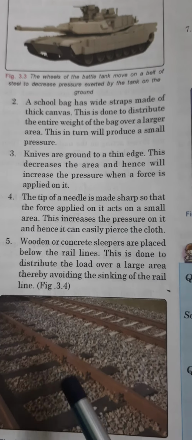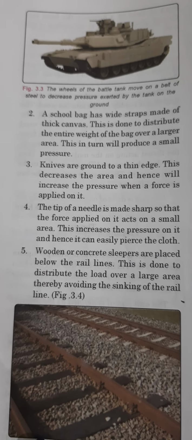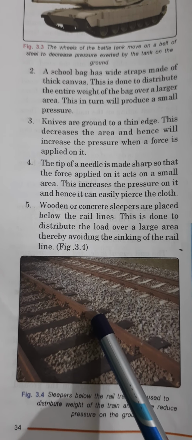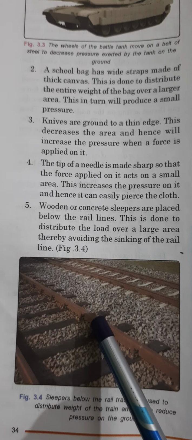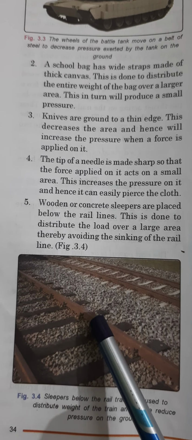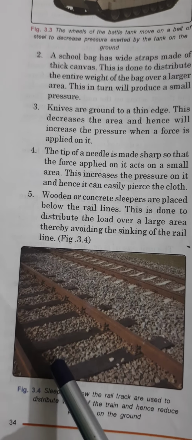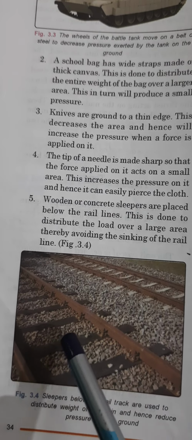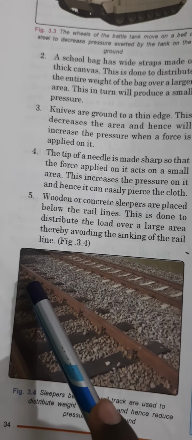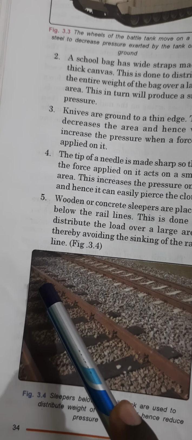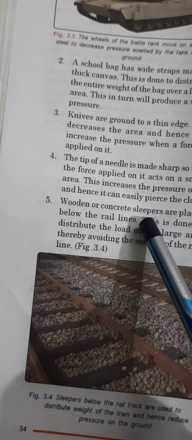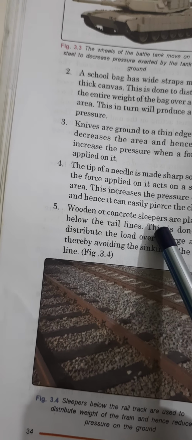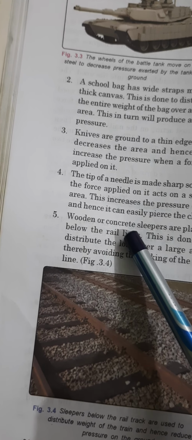Next, you have these railway tracks. You know, these lines which are called tracks, on these lines, trains of so great weight travel. It produces a great pressure on the ground. Now, to reduce the pressure on the ground, there are these sleepers, we call them. Concrete sleepers. Earlier, these were not made of concrete, they used to be made of wood.